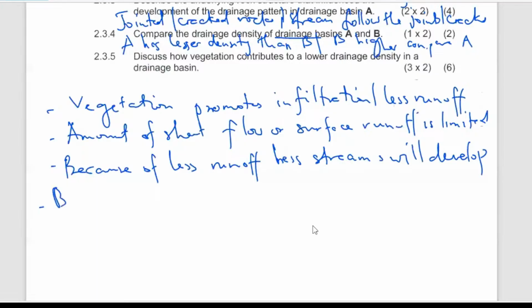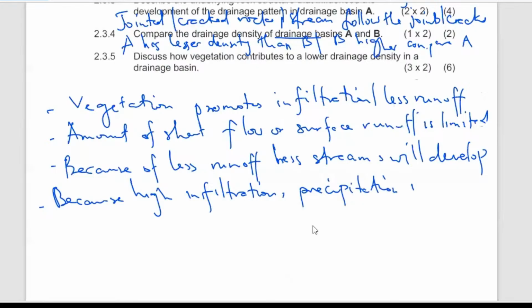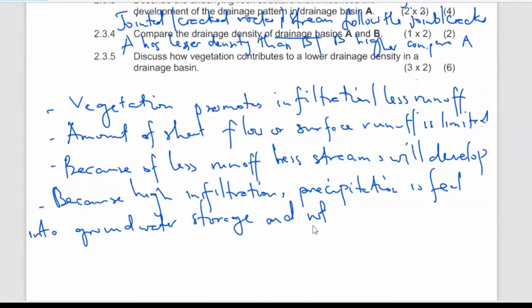Or we can say because of high infiltration, precipitation is fed into groundwater storage and not into the development of streams.